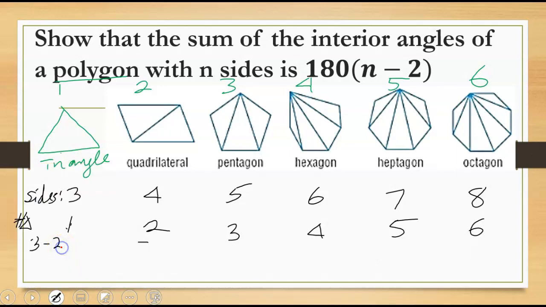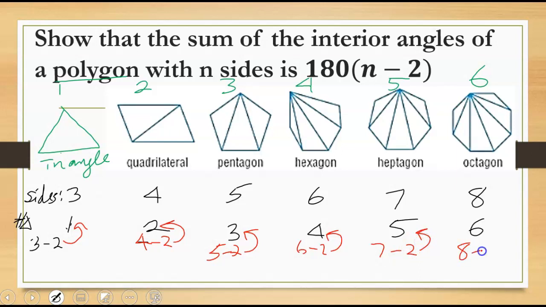I will just make it like this. Okay, this is 4 minus 2 is 2. 5 minus 2 is 3. 6 minus 2 is 4. So 7 minus 2 is 5. 8 minus 2 is 6.